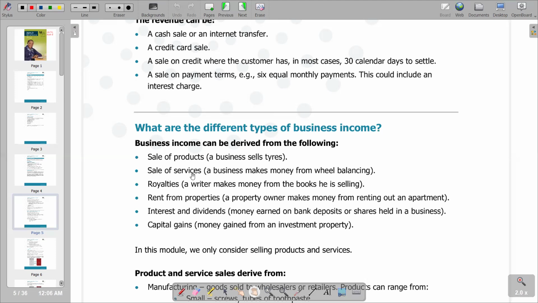We also have a sale of services, royalties, rent from property, and then interest and dividends, and lastly capital gains as another type of business income. So this is what we have on types of business income.